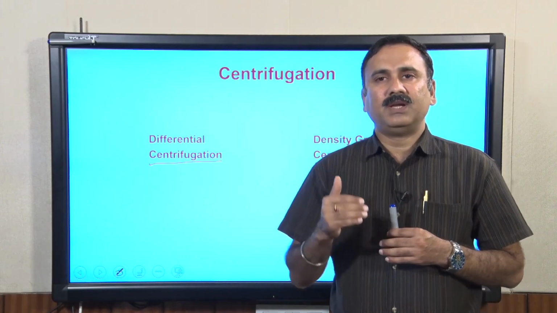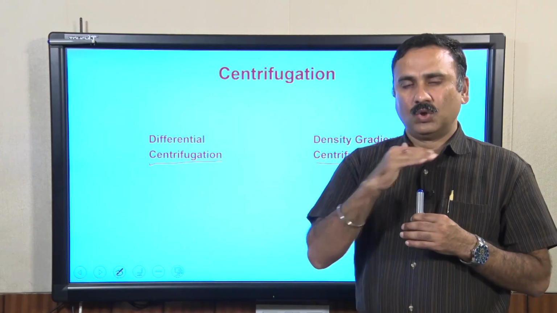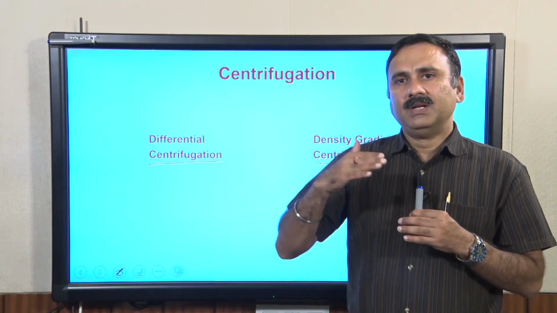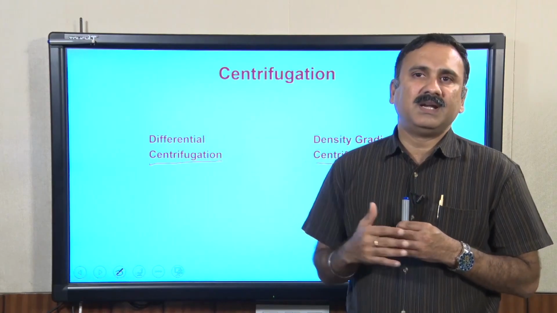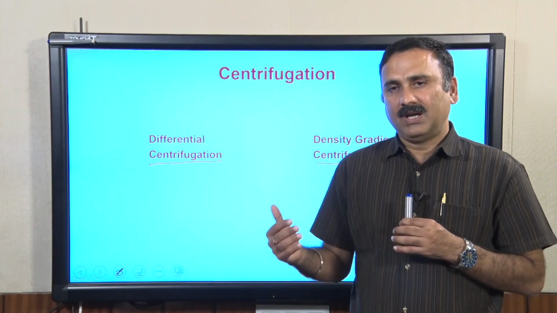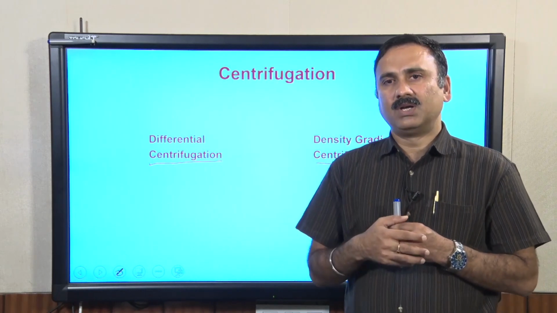Whenever they match their corresponding density, they form a band or zone, and that is how you develop different zones within the density gradient centrifugation. Every zone can be isolated later on and can be represented by a particular organelle.